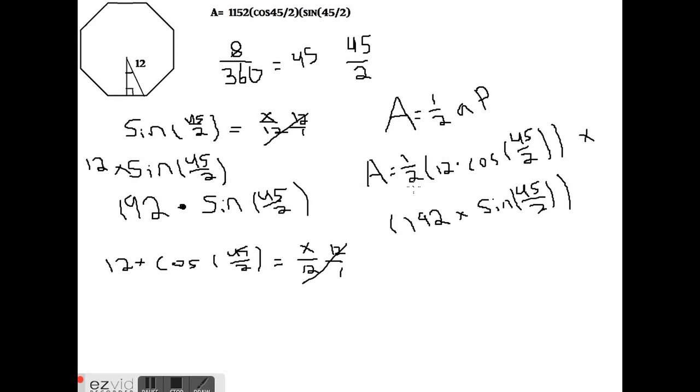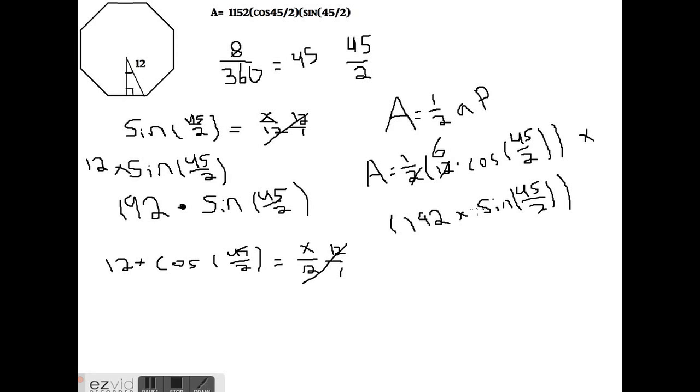Or you can do 2 divided by 192 and get 96. So either way, it's going to come out the same. What I'm going to do is take the 2 and make that a 6. So now we have 6 cosine 45 over 2 times 192.